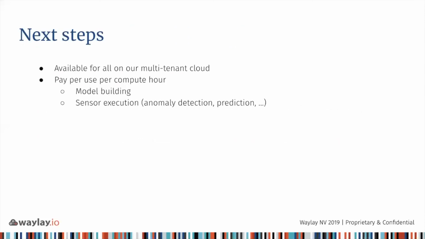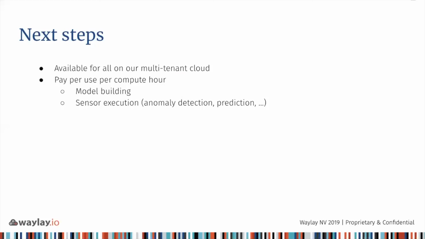Okay, just for those people that are interested in using the TSA module, if you're already a customer with Waylay and you're using our multi-tenant cloud, you will see the time series analytics tile appearing in the dashboard, and you can immediately use it. You should have already had an update of your platform.